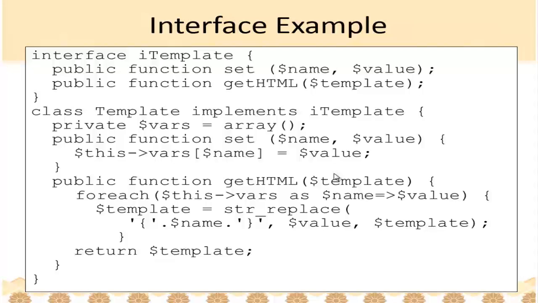Why do we require that? A simple example: I have an interface iTemplate with two functions here. If you don't declare it, it is assumed public. You have the two methods here, a getter and a sender. I have a class Template that implements iTemplate, and because it is implementing this, these two methods must be overridden.